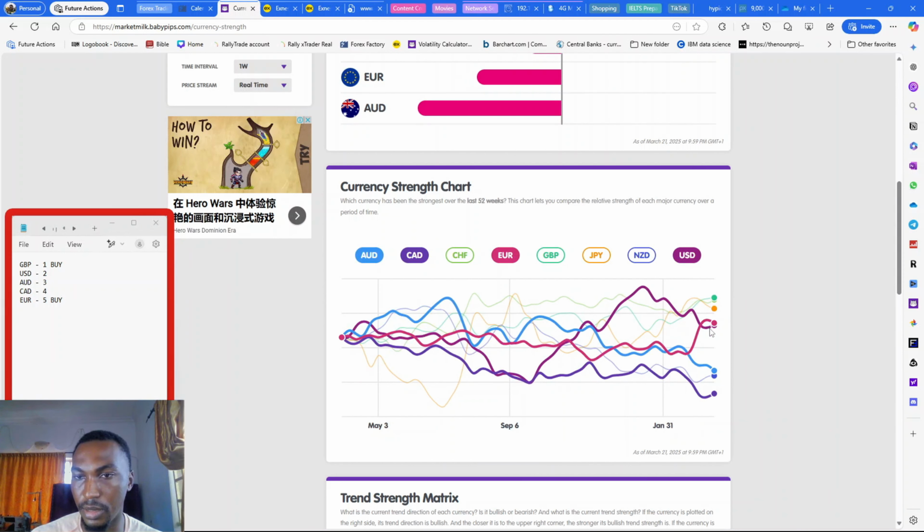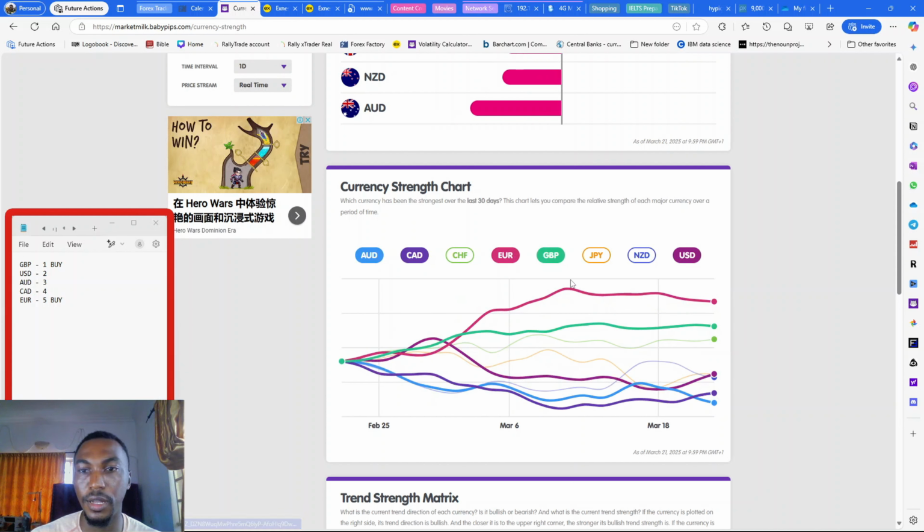But recently you can see this last edge here is curving upwards, so the tendency is that it is flat. It's currently going flat. You can see it's actually now gaining slowly, so we could just call this flat. Call it flat for now.